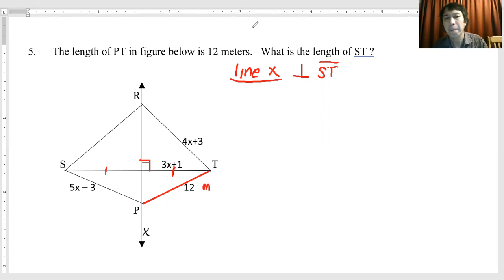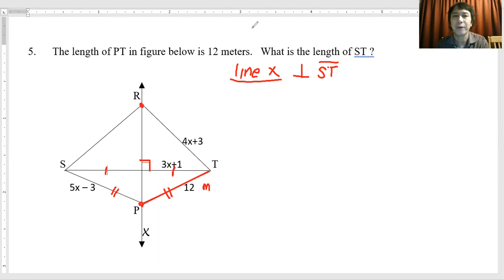And so, if a point lies on the perpendicular bisector of a segment, then the point is equidistant to the endpoints. And that must be point P and point R. Those points are equidistant to the points S and T, because point R and point P are on the perpendicular bisector, which is line X. And so we can conclude here, PT must be equal to SP.